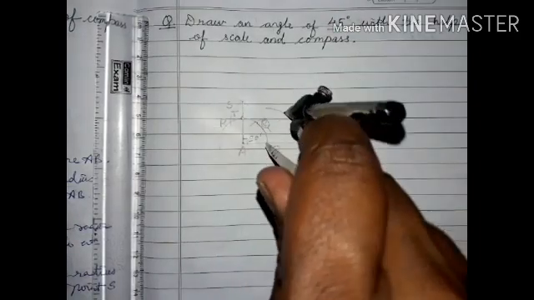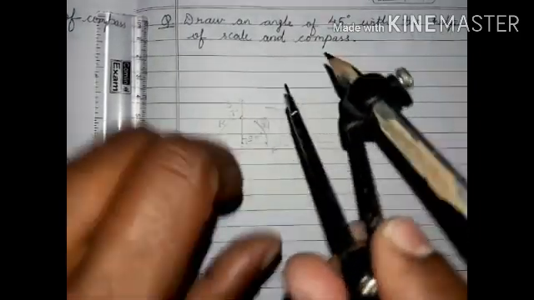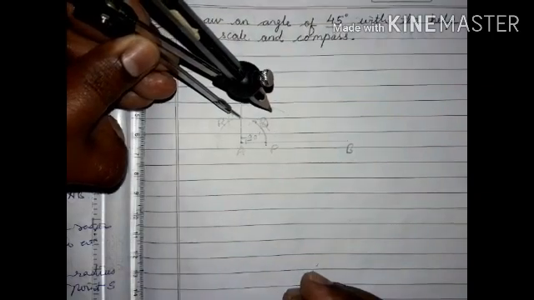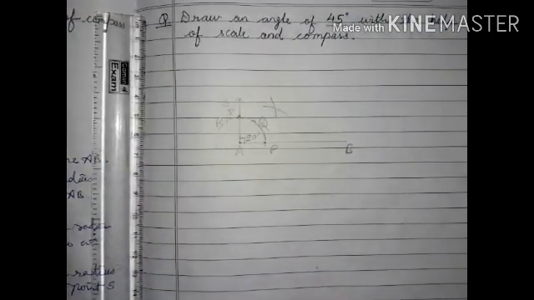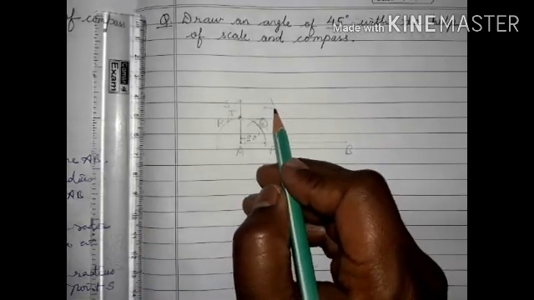Taking P as center, draw an arc this side, and taking T as center, draw an arc this side, which cut at point U.